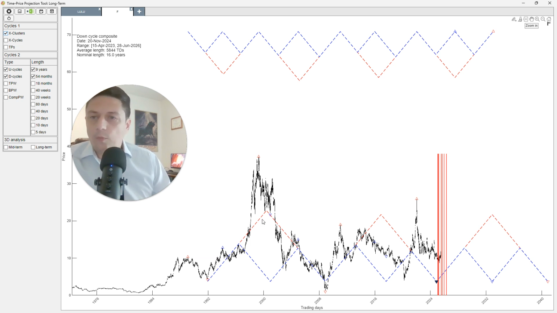What we found over the years is that important turning points in any given stock or the overall market typically occur when there isn't a singular cycle arriving, but multiple cycles arriving at the same time. And the more cycles and the more powerful they are, the more confident an investor should be that a turning point will occur at that juncture.